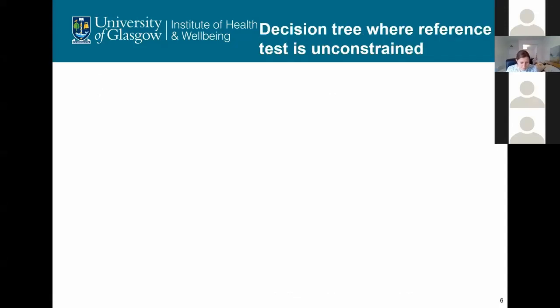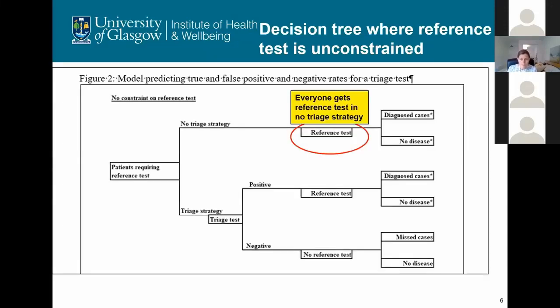So moving on now to the case study. So we've got a simple decision tree here where the reference test is unconstrained, and we're comparing a no triage strategy, so going straight to reference test, with a triage strategy where only people who are positive get the reference test.